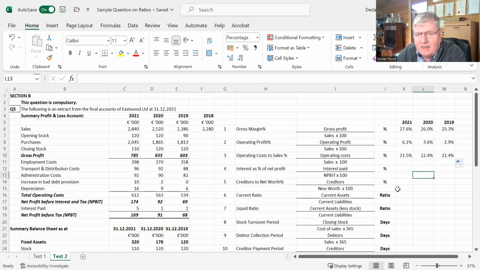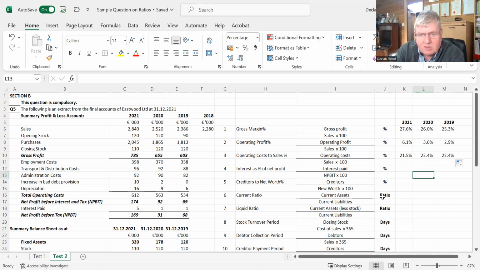So look, it is pretty simple to organize. We just go down through, no complications, no worries, just do the sums, put the figures in, calculate them, etc.